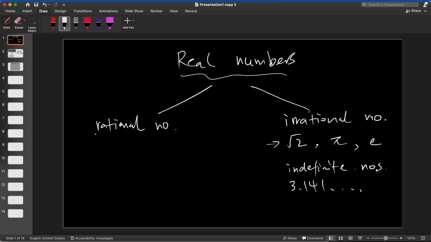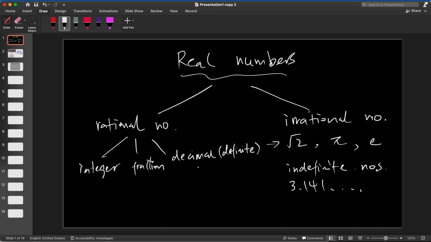And let's look at what are rational numbers. Under rational numbers, you have three categories. You have the integer, and you also have the fraction, and you have the decimal number. All right. And if you want some examples of decimal number, they are definite.